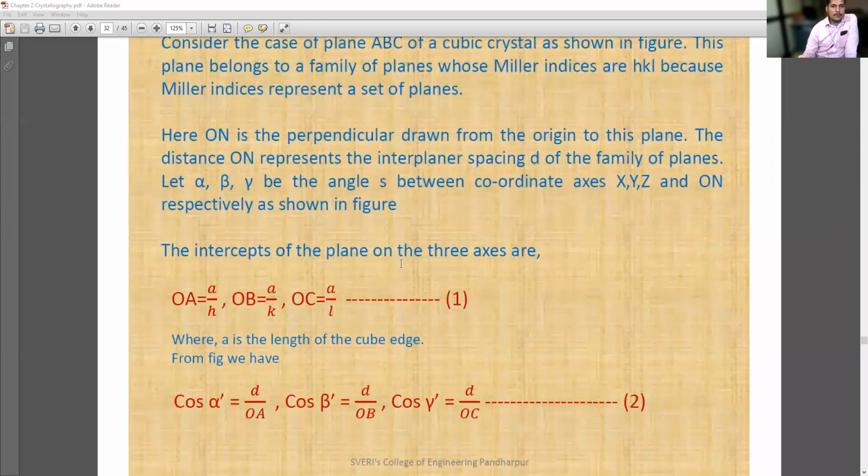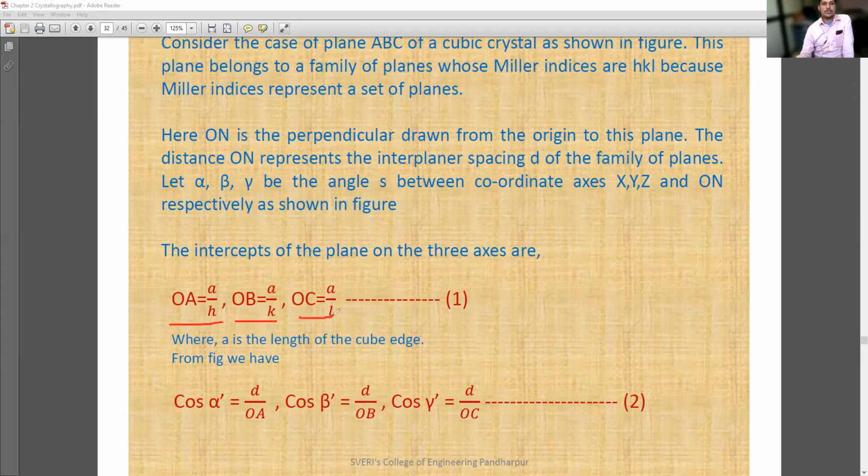The intercepts of the plane on the three axes are, first is OA which is equal to A upon H, OB is equal to A upon K and OC is equal to A upon L. आता हे कसे आपण डिफाइन केले तर you give me answer of one question that Miller indices are reciprocals of intercepts. Is it correct?